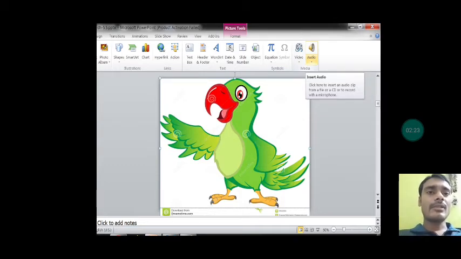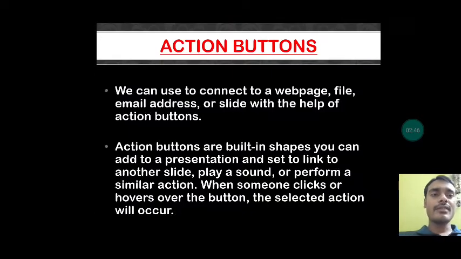Okay, you have to click on insert tab and then you have to click on audio button. Here you can see audio and video buttons for adding audio and video in your slides. Okay, so in this way you can add animation effect, you can use slide transition, and you can add audio or video effects in your slide.